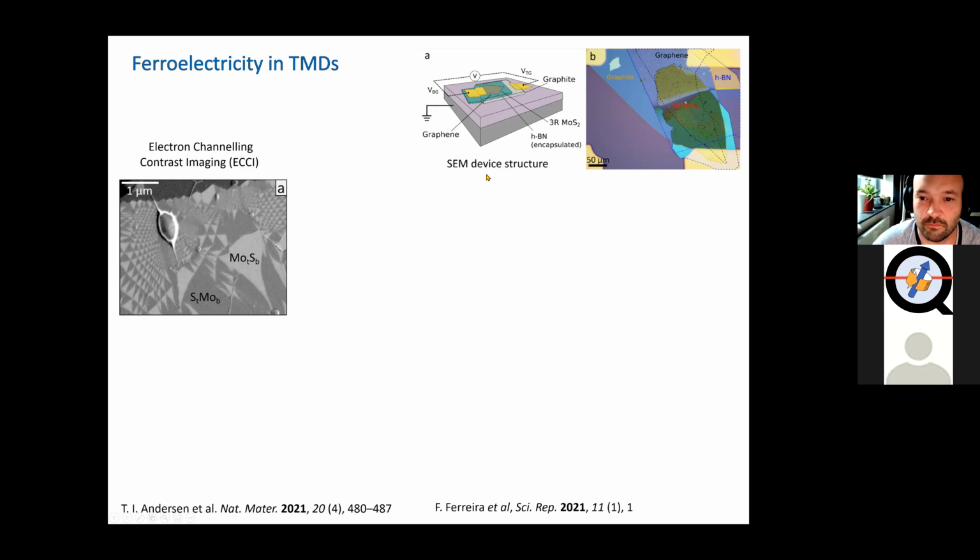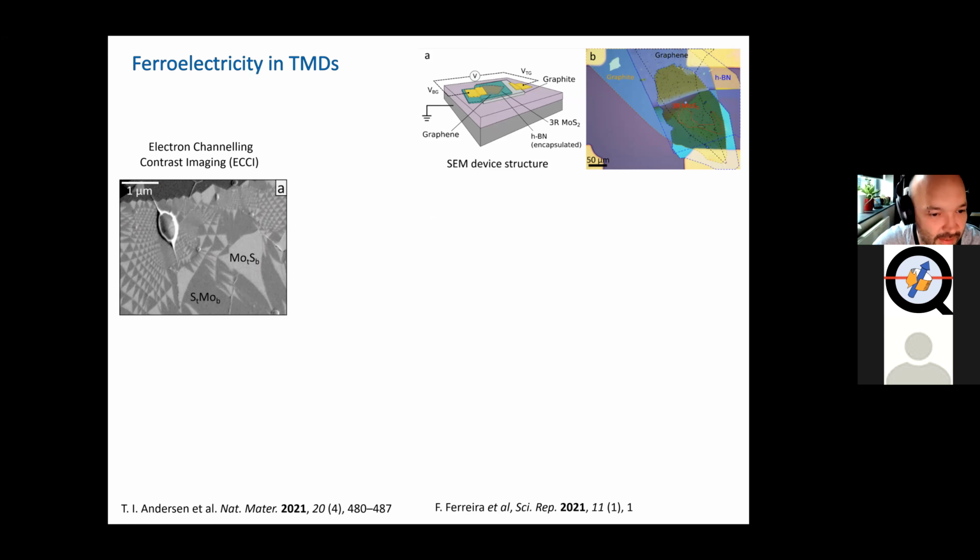And so if looking at these domains, again, this is a map of a typical sample. The tool we selected to visualize this map is called electron channeling contrast imaging, which is basically you shoot the electron beam at an angle in an SEM, and when it's aligned with the lattice columns, atomic columns, you have a change in the scattering, and that signal would be different for different domains because they have different stacking order.